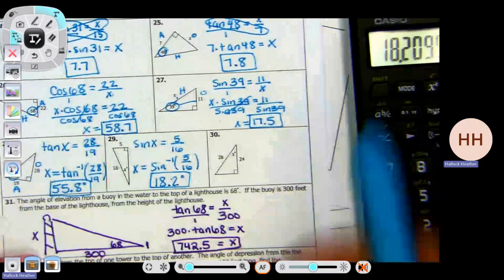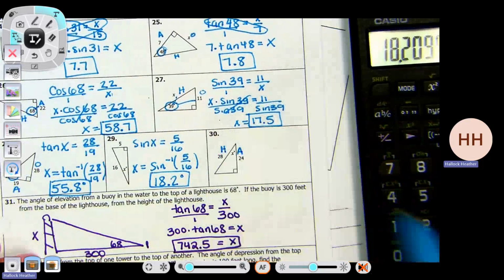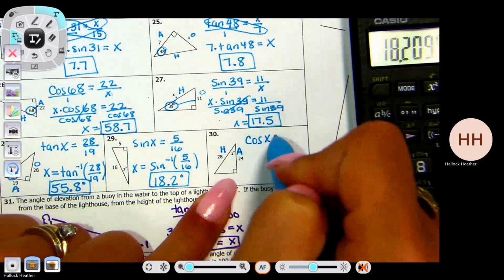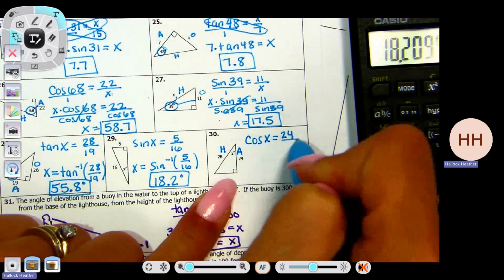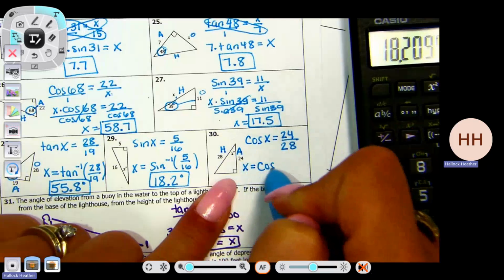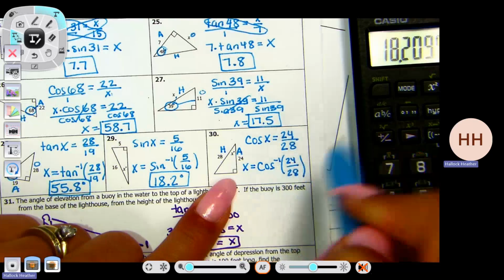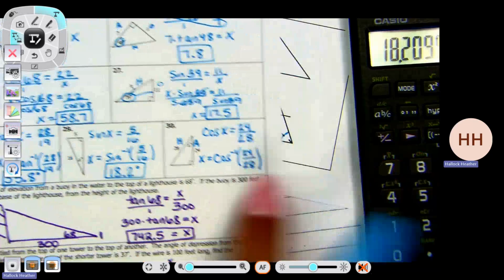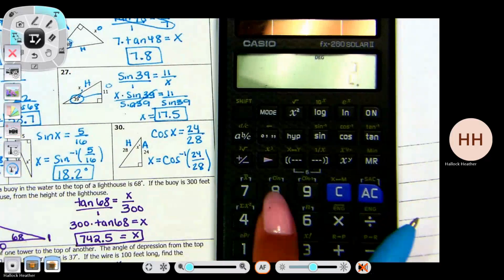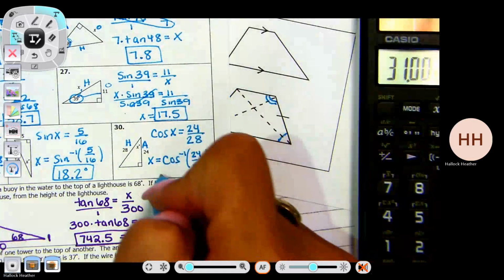Next, I am the x. I have adjacent and hypotenuse. So that's cosine of x equals 24/28. So I'm finding the angle, so I have to use inverse. So in the calculator, I needed to actually divide these and then shift cosine. So I get 31 degrees.